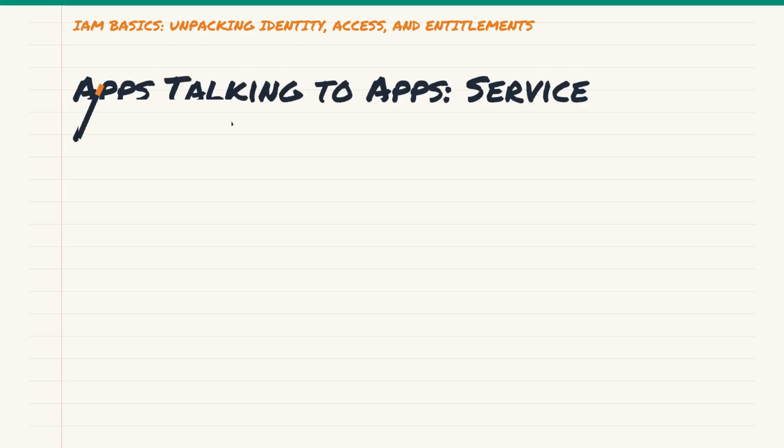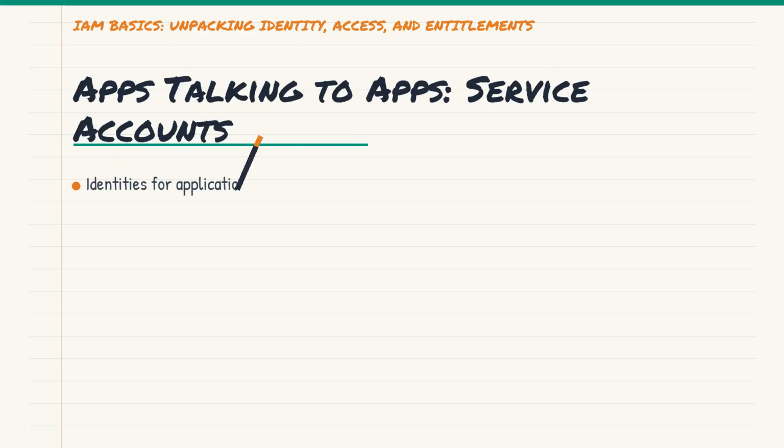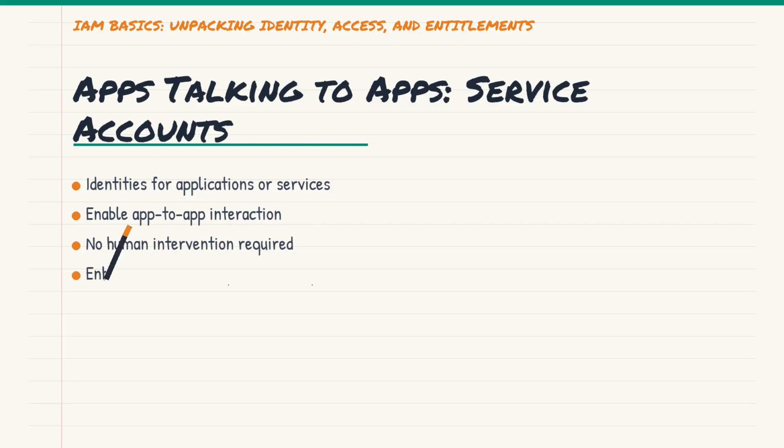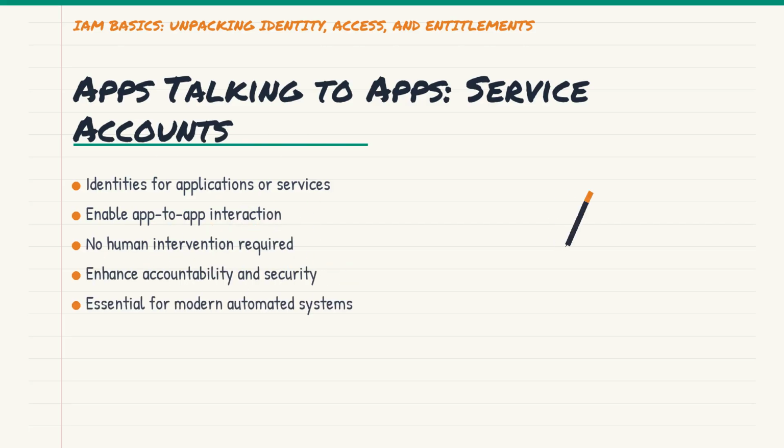Another type of non-human identity is the service account. These are identities used by applications or services to interact with other applications or data stores without a human in the loop. For example, a web application might need to read customer data from a database. Instead of using a human's credentials, it uses its own service account.